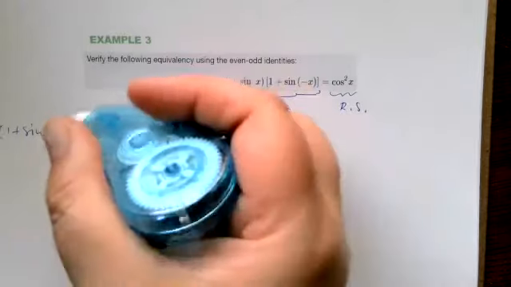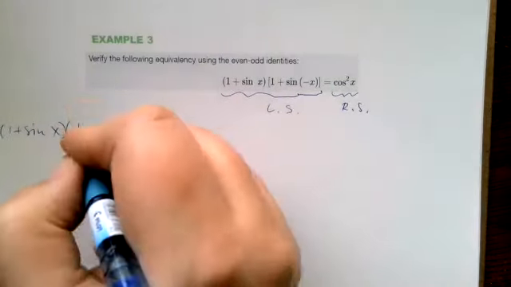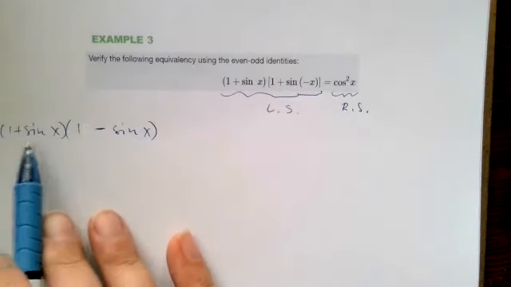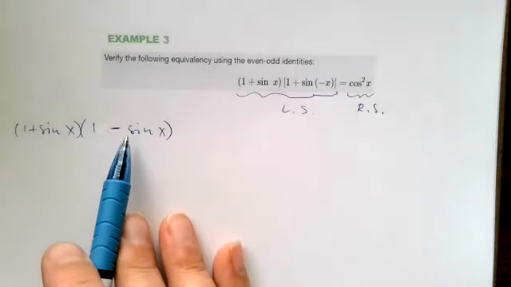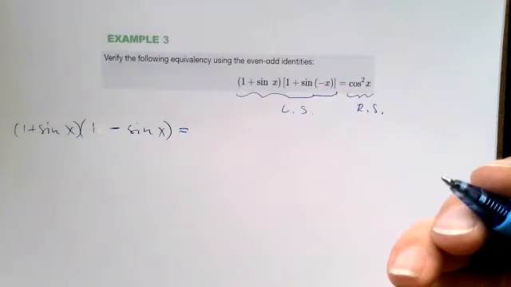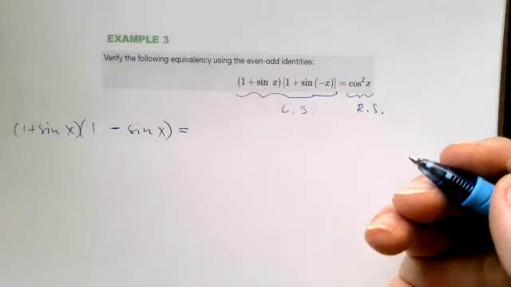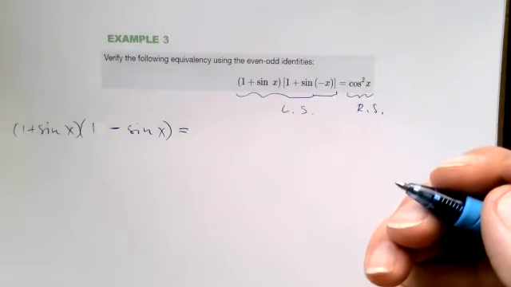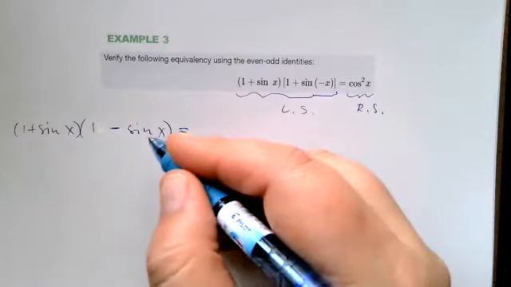Okay. So what do we have now? Well, it looks like we have a difference of squares, right? 1 plus sine x, 1 minus sine x. That's our difference of squares formula. If you don't remember those factoring formulas, multiplying binomials formulas, please review them.